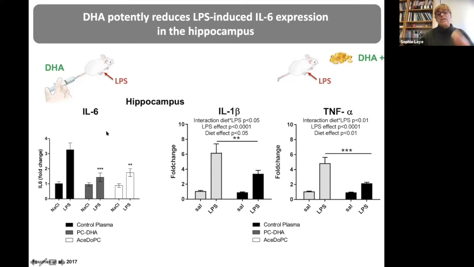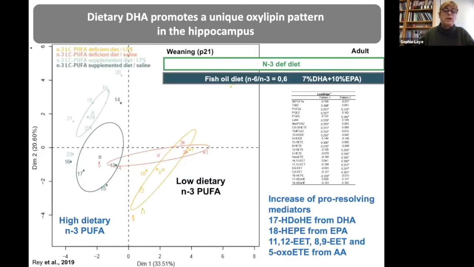So it seems that the DHA that is found in the blood can reach the brain and then act very quickly, because this is only 6 hours after the administration of LPS and DHA, really quickly decreasing the production of cytokines in the brain.